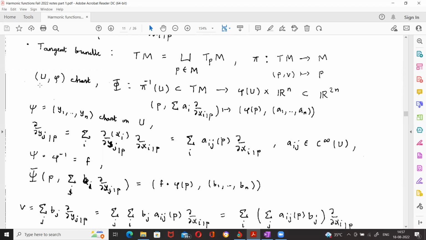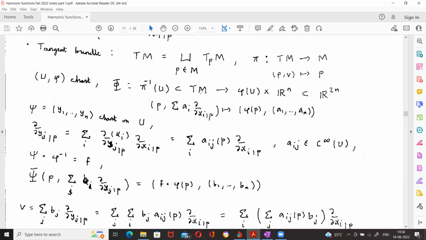Now, suppose I have a chart on M. That will naturally give me a chart on the collection of tangent spaces lying above U. So U is an open subset of M. I look at all tangent vectors whose base point lies in U. That means the set pi inverse U. This is an open subset of TM.